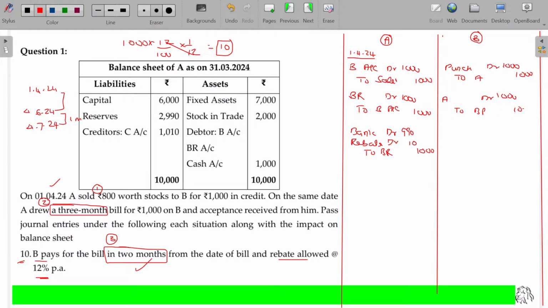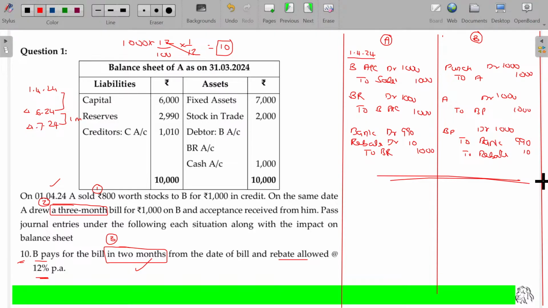Now he settles the bills payable much ahead, so he gets a 10 rupees benefit. Original BP value being 1000, but the payment done is only 990 by bank. The difference between these two is the gain, rebate on bills. Hope now you'll be able to understand this one.